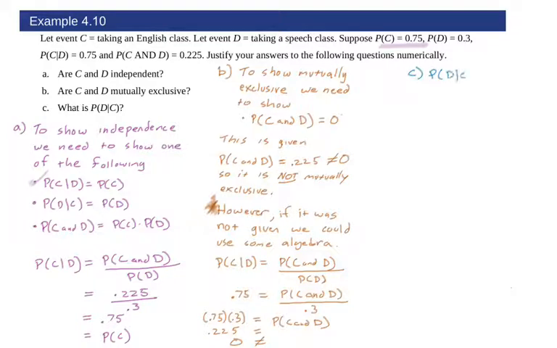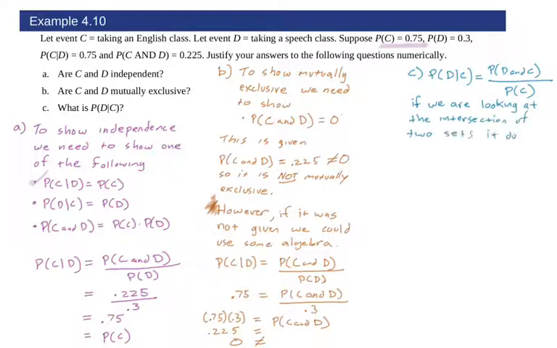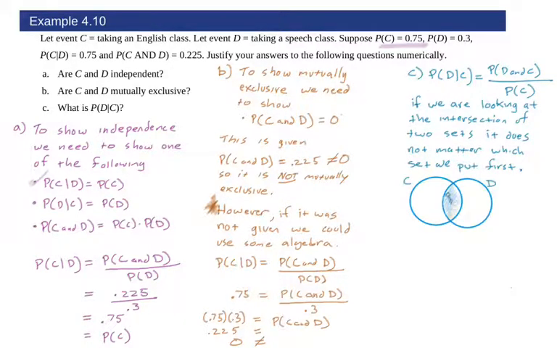Let's try this last one here. What is the conditional probability? If we're looking at the intersection of two sets, it doesn't matter which order we actually put them in. When we talk about the AND case here, we're looking at that middle portion.